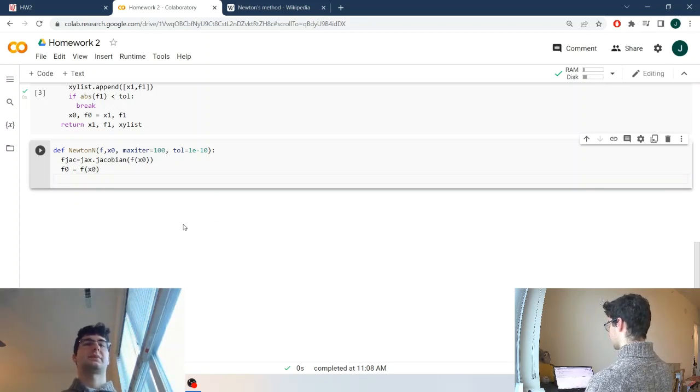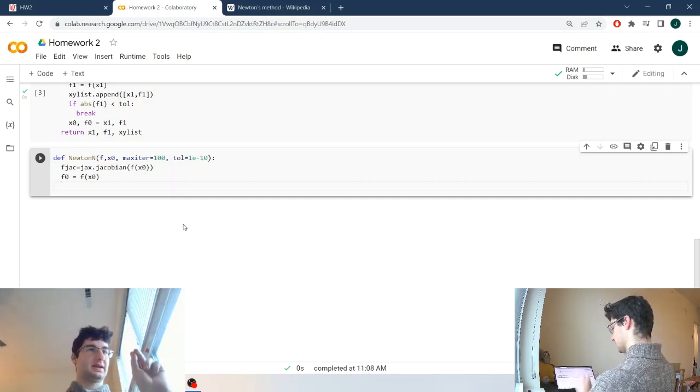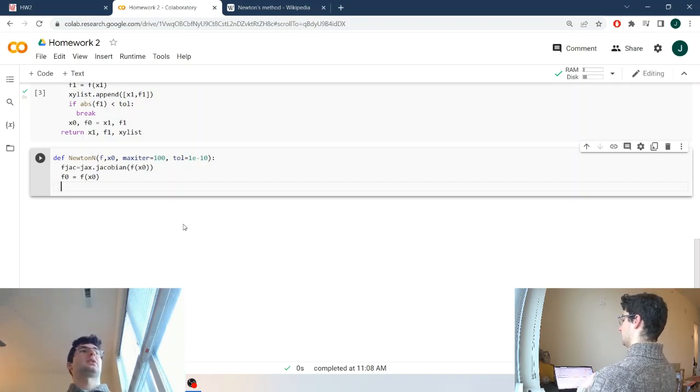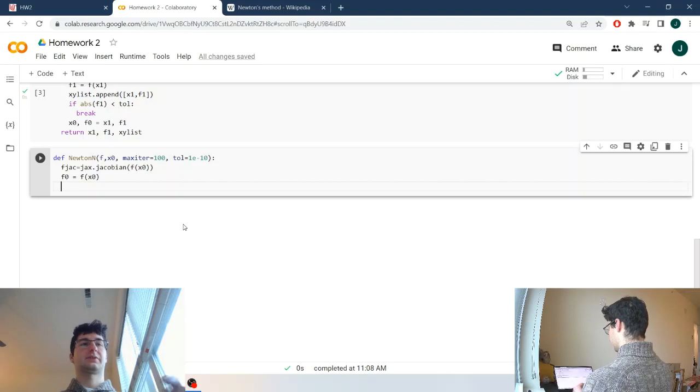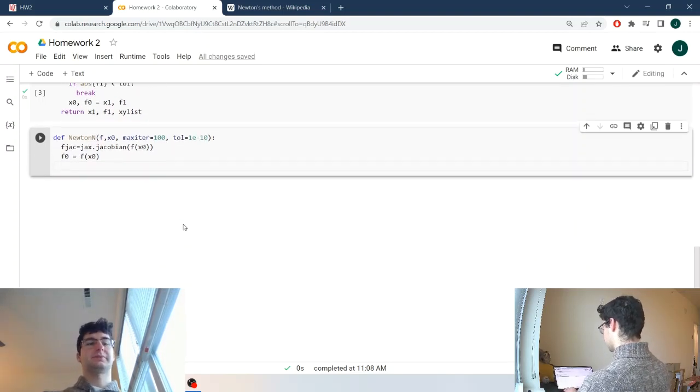And we're going to make an xy list. Do we want to do that? No, because I don't think we can do that, since in this case f0, x0, and x1 are all vectors and matrices, and so it might not work the way we want it to.